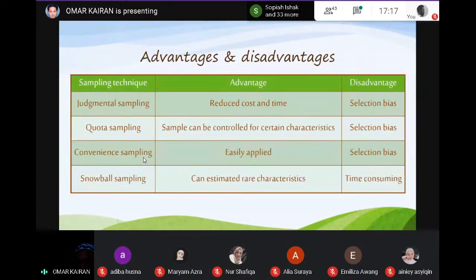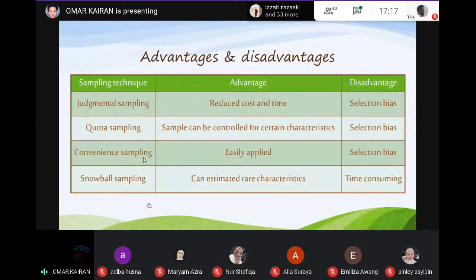Advantages and disadvantages of the non-probability sampling. All these are non-probability sampling. Macam saya terangkan tadi, tak ada probability pun yang dianggap. There is no chances considerations on how we select the sample here.